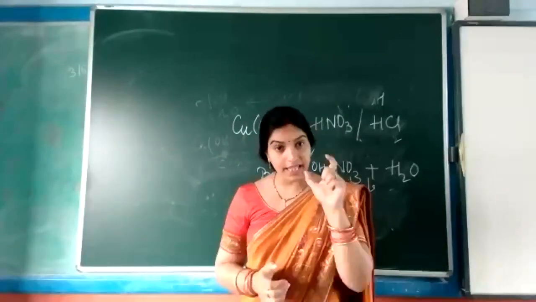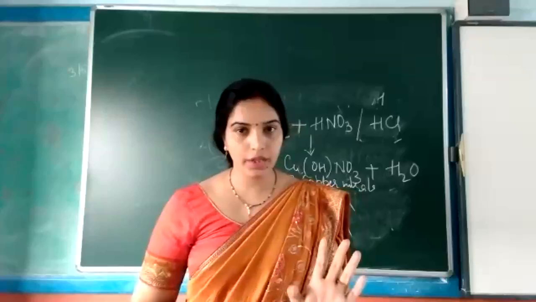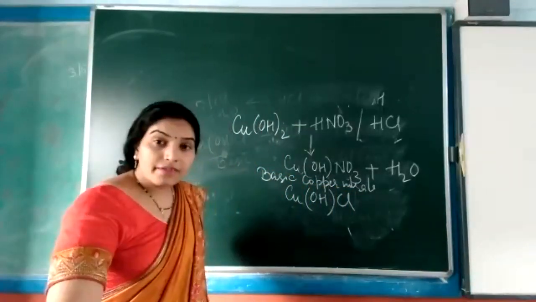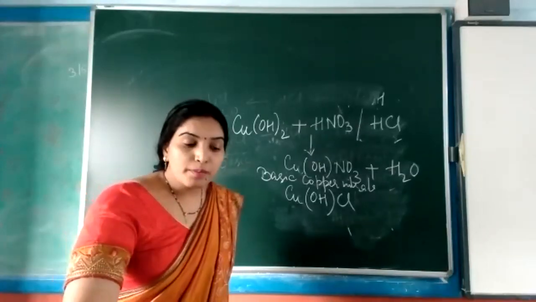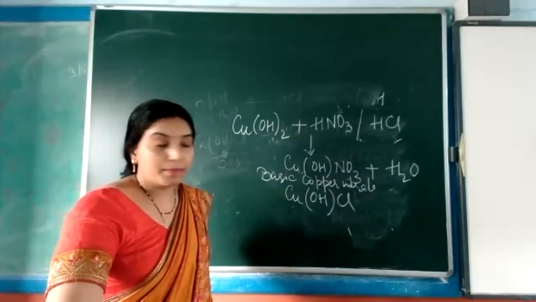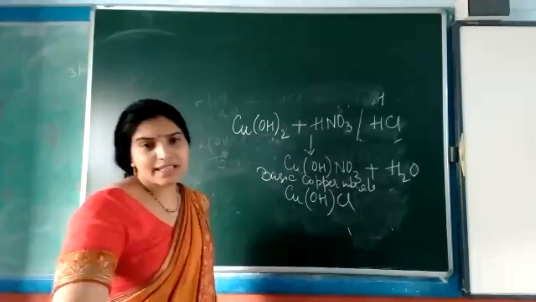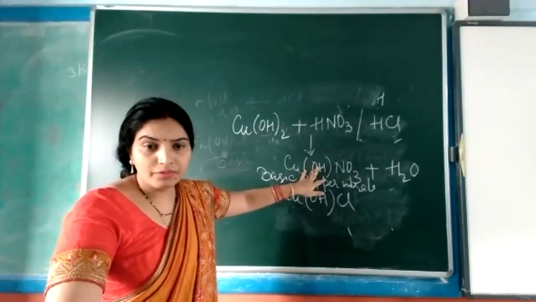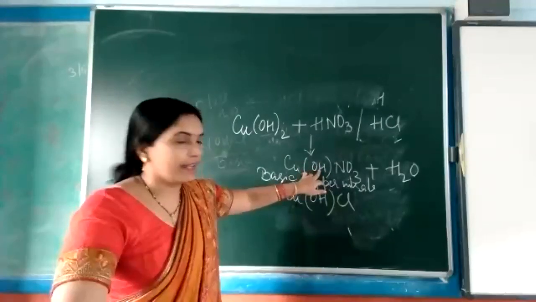Clear? The condition is insufficient acid. Okay? Now, we have discussed earlier that normal salt does not exhibit any properties of acid. But what about basic salt? Basic salt exhibits only the properties of bases because of the presence of hydroxyl ion. Clear?